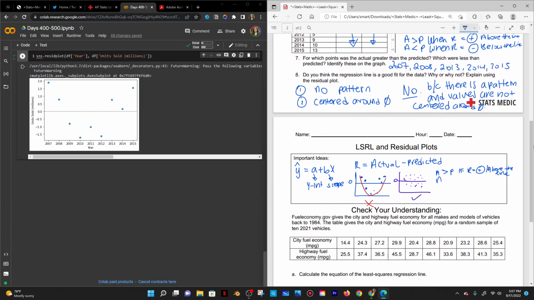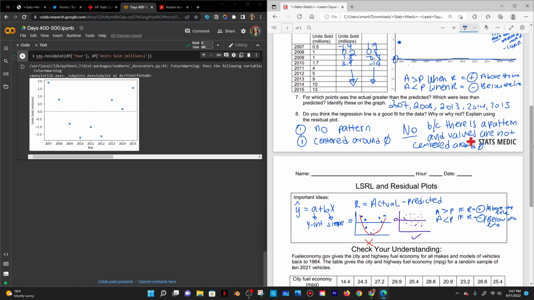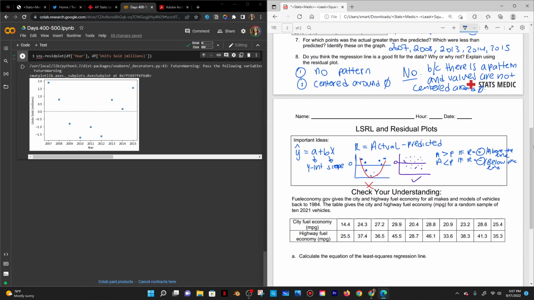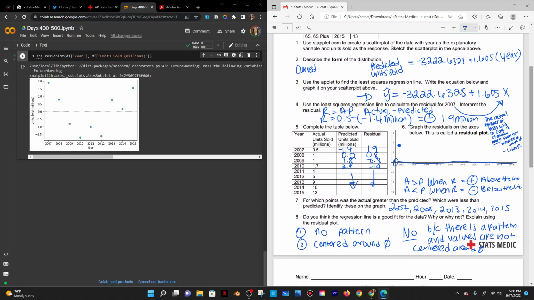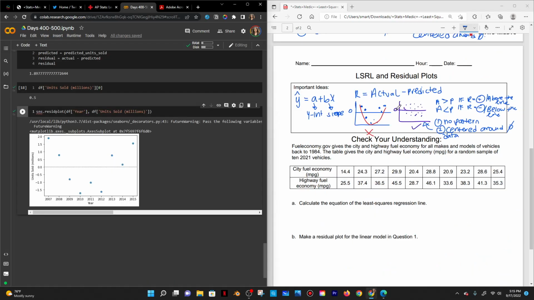And your actual value is less than your predicted value if your residual is negative, or it's below the line in your residual plot, right? And for a good residual plot, there's no pattern, and the data is centered around 0. All right, so that's kind of it.